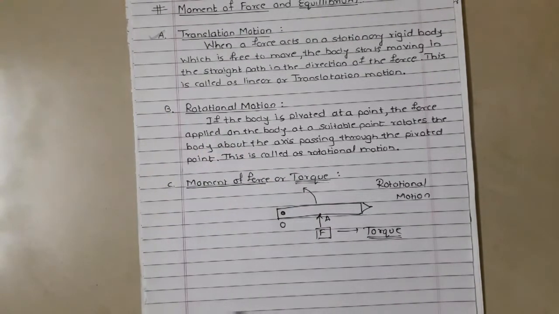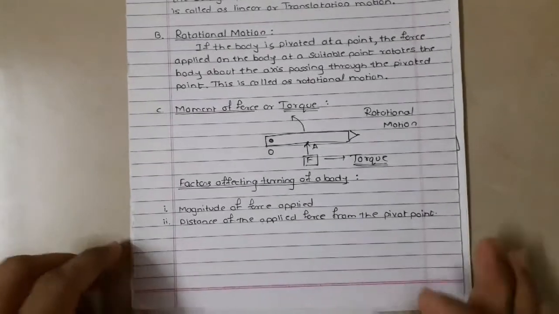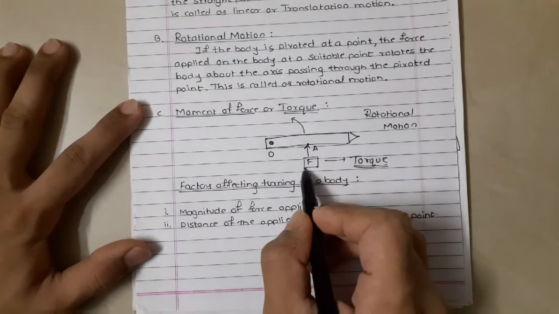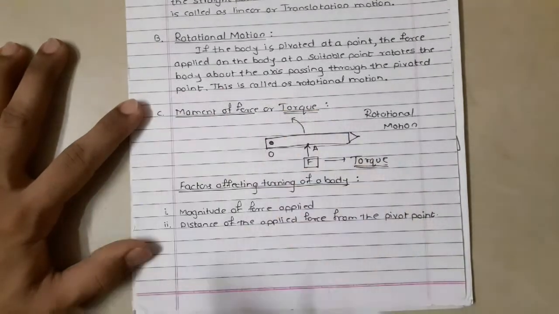But remember, as the topic changes, even the factors affecting the particular topic also change. There are only two factors affecting the moment of force or torque. The first is the magnitude of the force applied, that means how much force you are applying on the object to make it rotate.